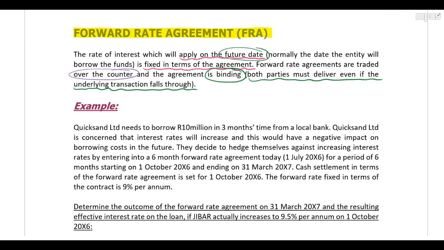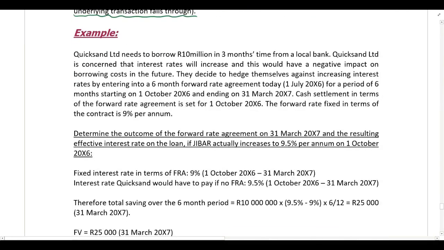Let's look at this example. Quicksand Limited needs to borrow R10 million in 3 months' time from a local bank. So 3 months from today, they are going to borrow 10 million rand from their local bank. They are concerned that interest rates are going to increase, and this will have a negative impact on their borrowing costs in the future.